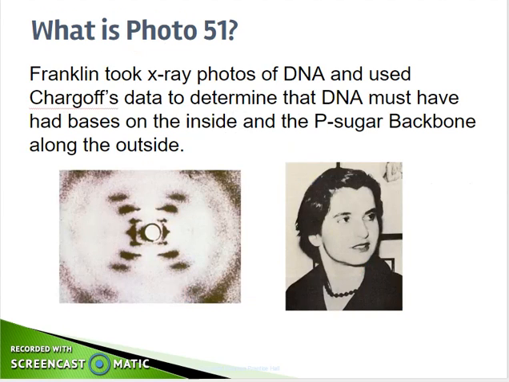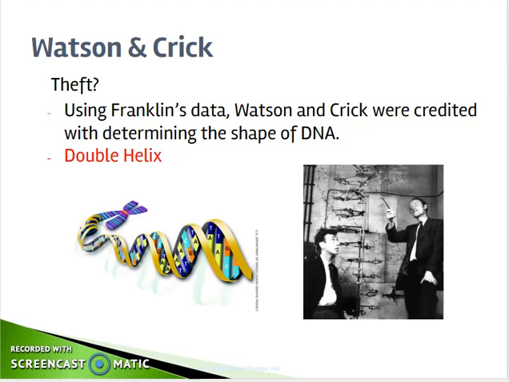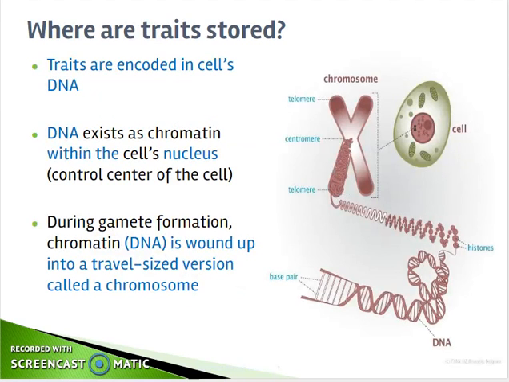We talked about Rosalind Franklin. We talked about Chargaff. We talked about Watson and Crick, who were the 2 guys who stole Franklin's data. And then we talked about how DNA is wrapped up inside the cell. So if you look at one cell and you have the loose chromatin, which is as the DNA usually exists in the center of the cell, and you pulled that out, it would actually be 6+ feet long, so taller than you.